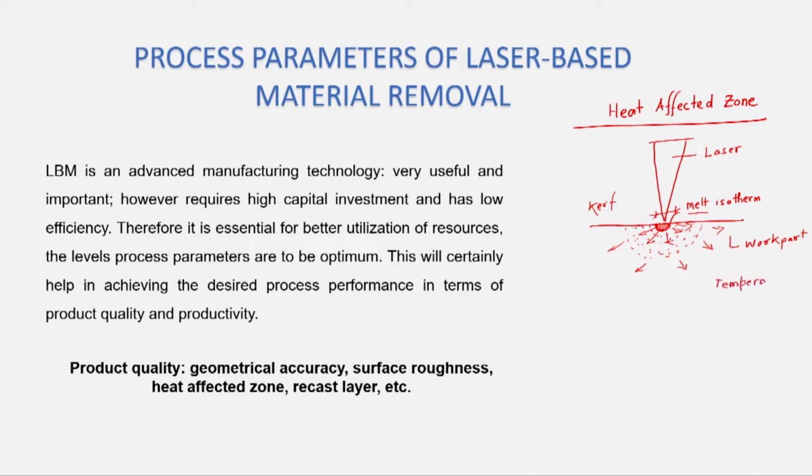Now, when a huge temperature is generated at the laser material interaction, harsh temperature will also be there around the laser spot, and that excess temperature changes the properties of the work material, or as some people call it, the degradation of the material properties.